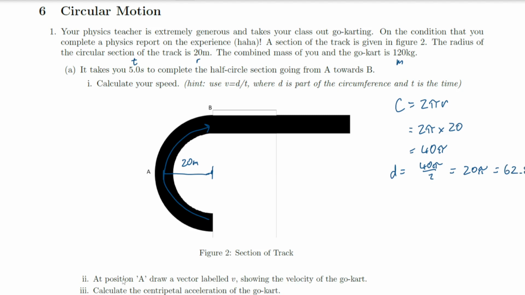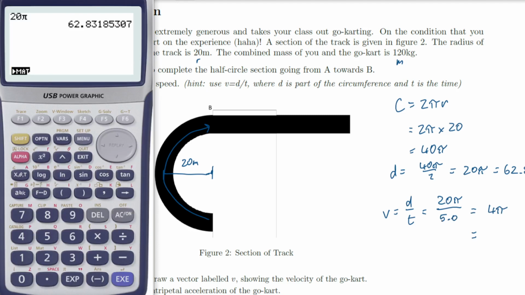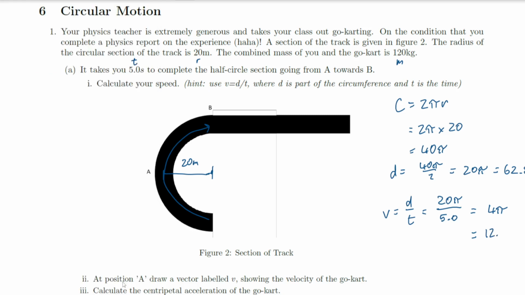Alright, so that's our distance, and we know speed is distance over time, which is 20 pi, or 62.83, divided by 5.0, which in this case would give 4 pi. And as a decimal, 4 shift pi, 12.57 meters per second.